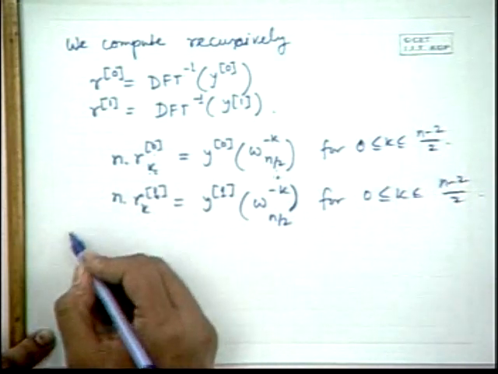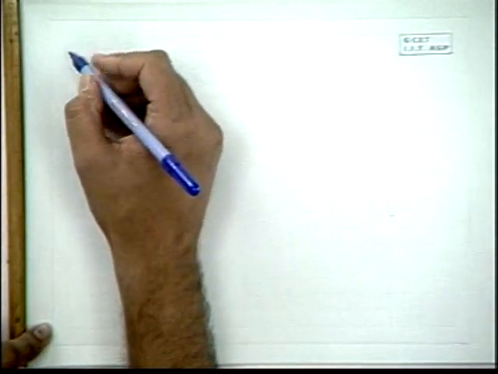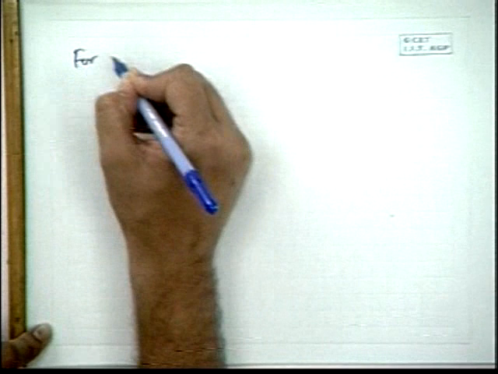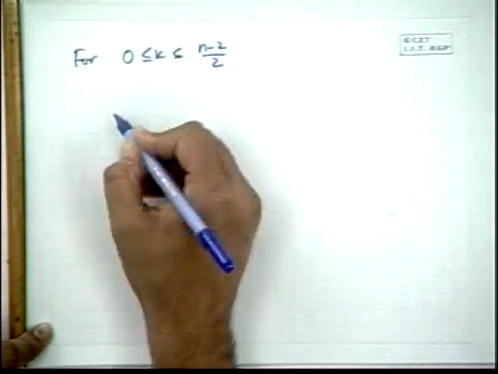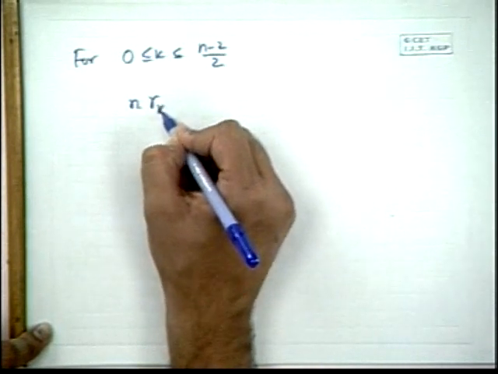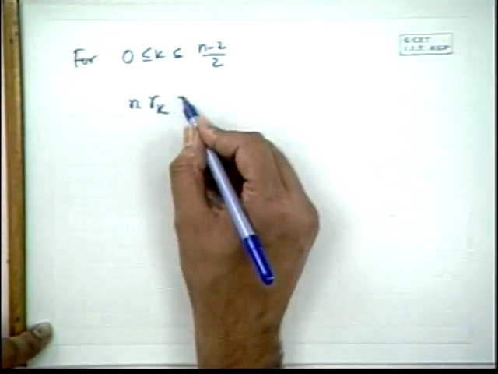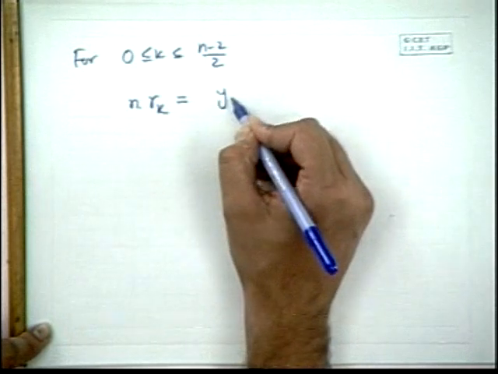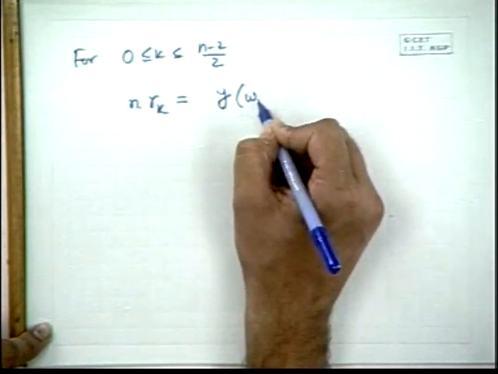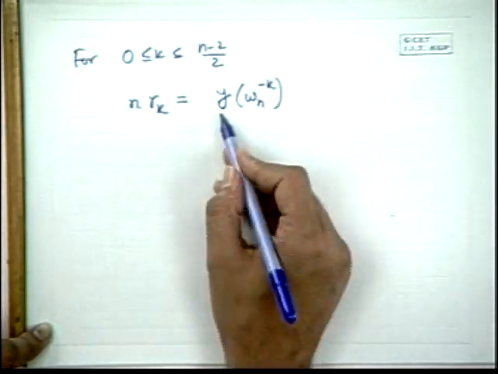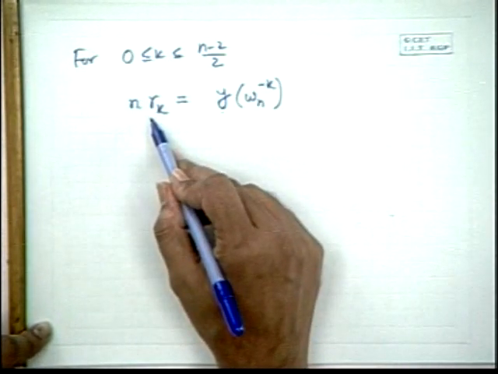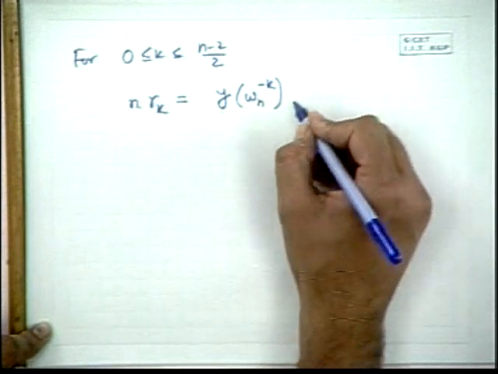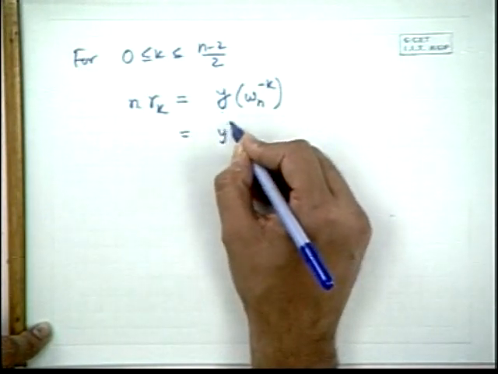Now let us see how we do this. For k going from 0 up to (n-2)/2, n times Rk is nothing but y evaluated at w to the power n minus k, by our previous observation.